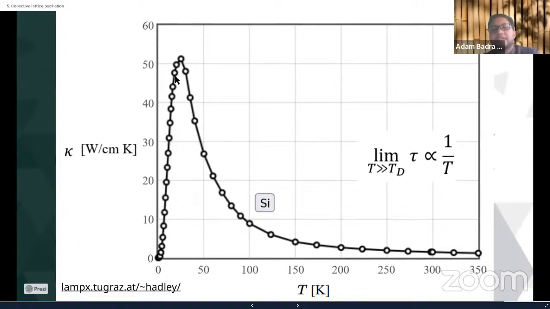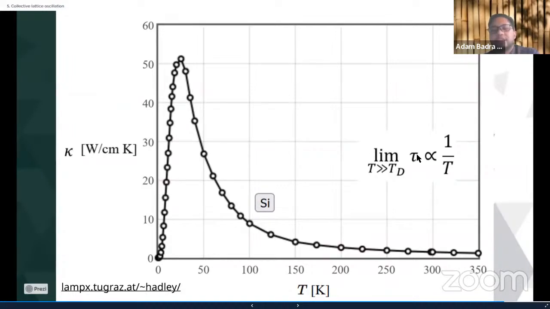So there is a peak here, and this comes from deeper phenomena in solid state physics: this tau is not really constant, but at high temperature it depends on the inverse of temperature. This is the collision time. So the higher the temperature, the smaller the collision time becomes.